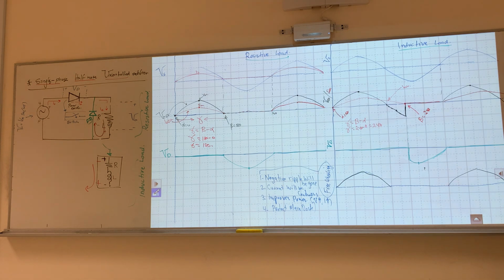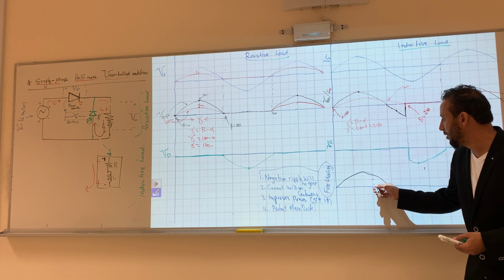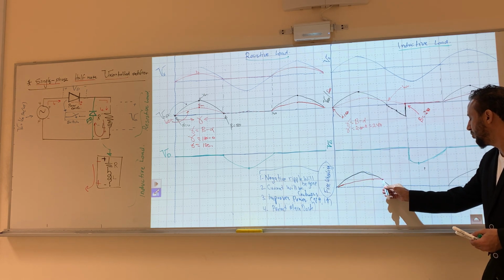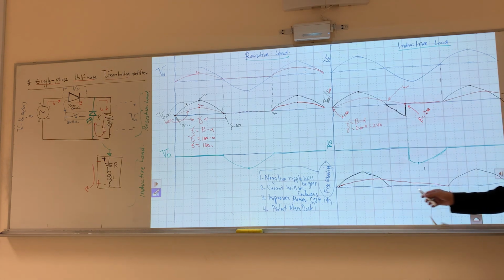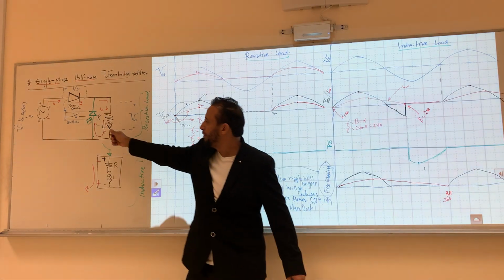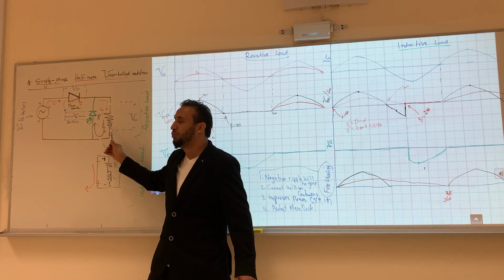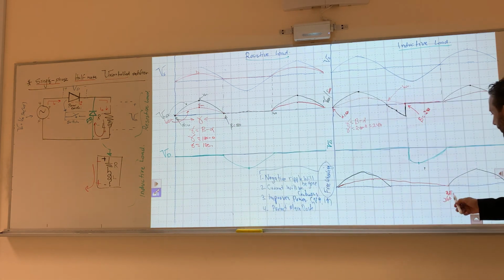Then the current, guys, will go like this: the peak will be right here, and then it will start decreasing, decreasing, till it reaches 2 pi, 360 degrees. See here, the current is continuous because of this freewheeling diode. When this one releases, the current will go through the freewheeling diode and come back and charge again. So it becomes a loop. And same thing here.